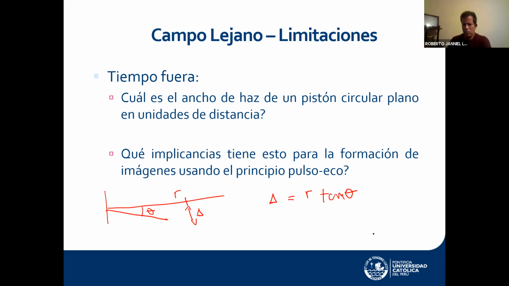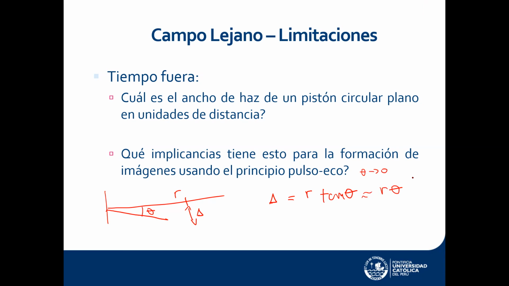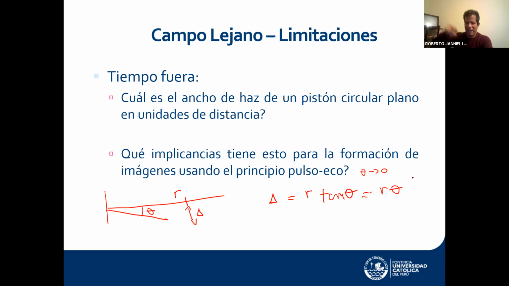If theta is relatively small, it's approximately r times theta. It's like r sine theta, because tangent goes to sine, and sine would go to theta. So it's r times theta, which is the simplest calculation, because that's the circular arc subtended by those two radii that are separated by an angle of theta.